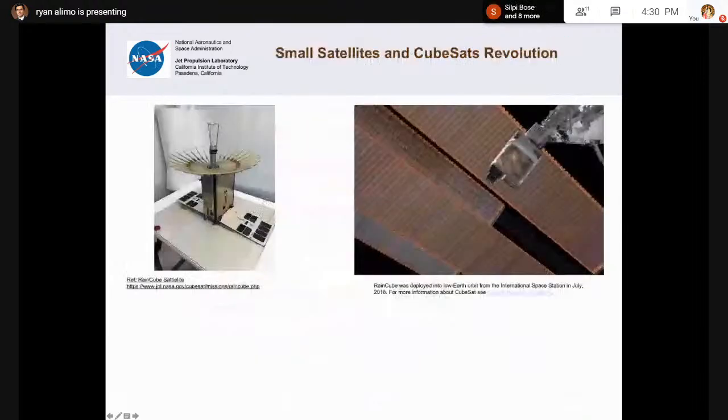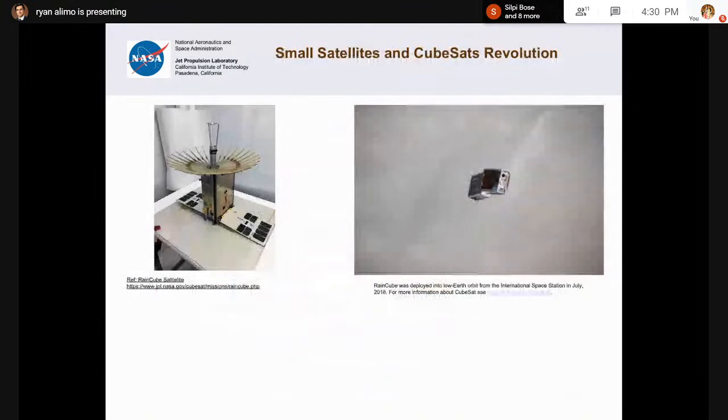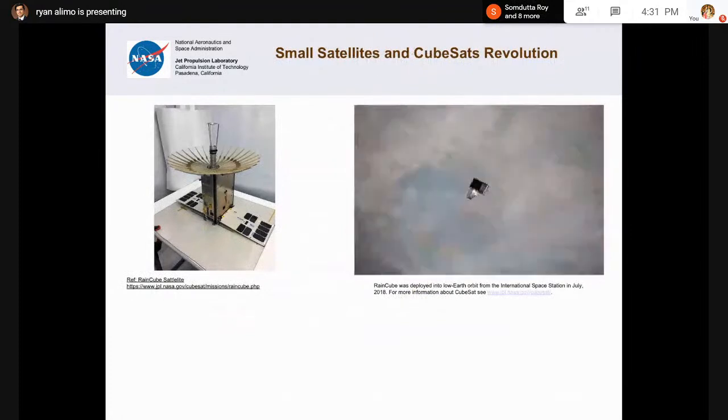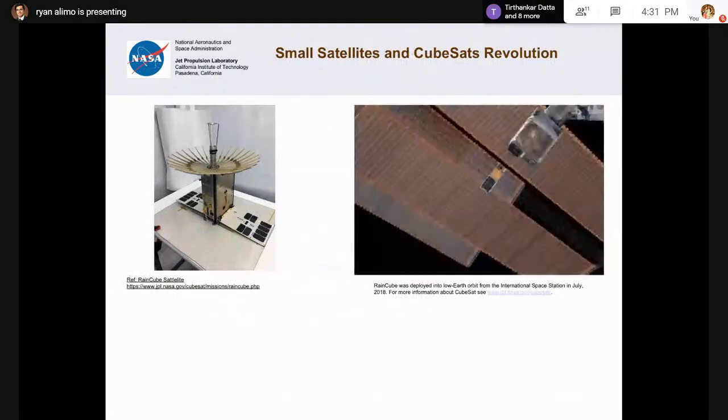When we talk about swarms of hundreds or thousands of spacecraft, each of them needs to be cost efficient.